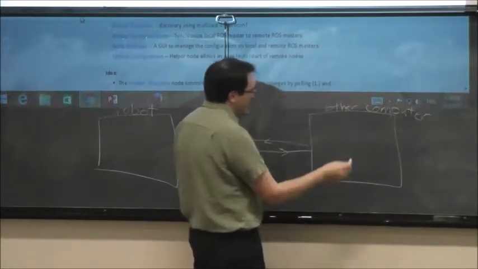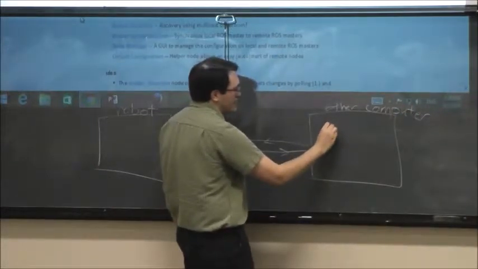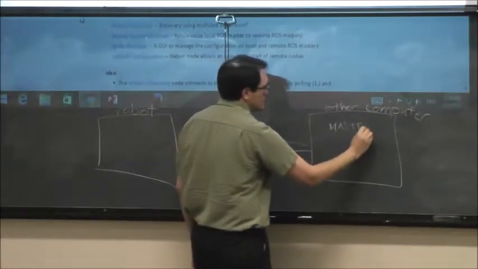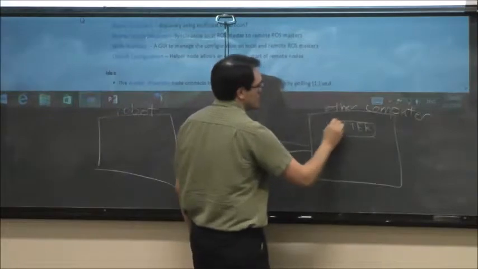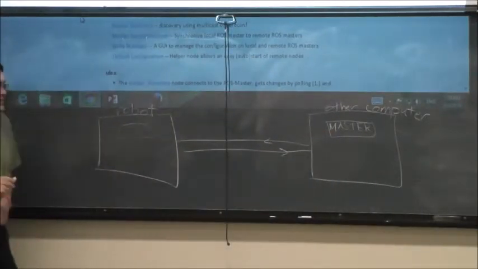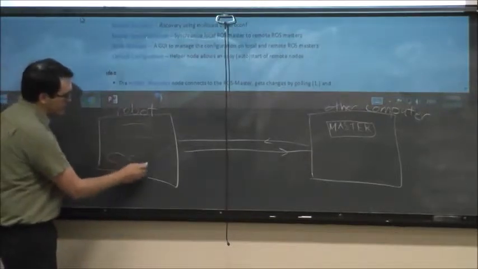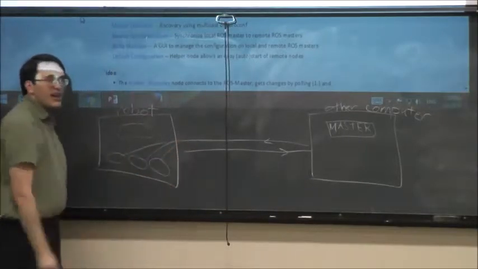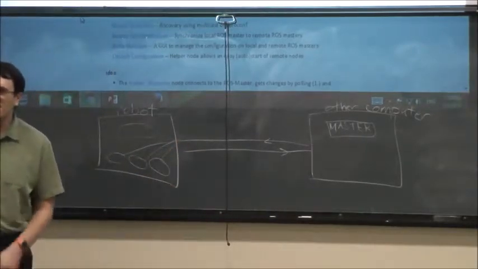So what Nico is asking is, do you put the ROS master here? Or do you put it here? So the different nodes that will be run, they need to contact the master at all times or everything dies.